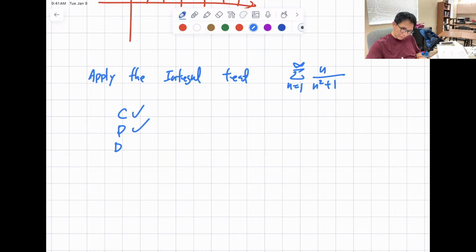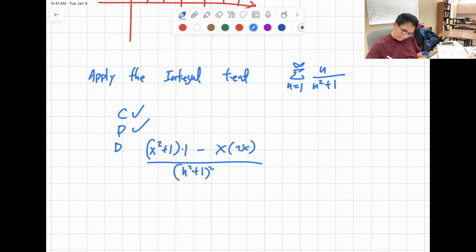So low d high minus high d low over low low. I'm going to use x because that's a function of x. This is f prime of x.